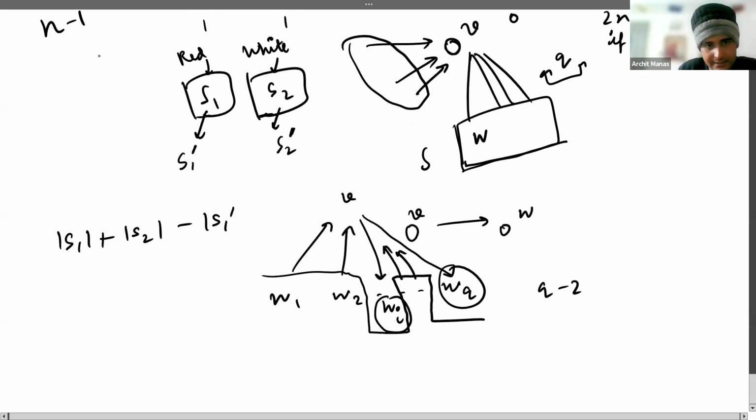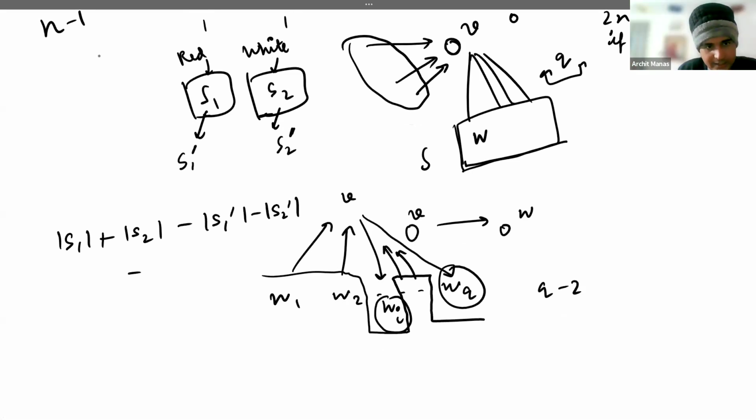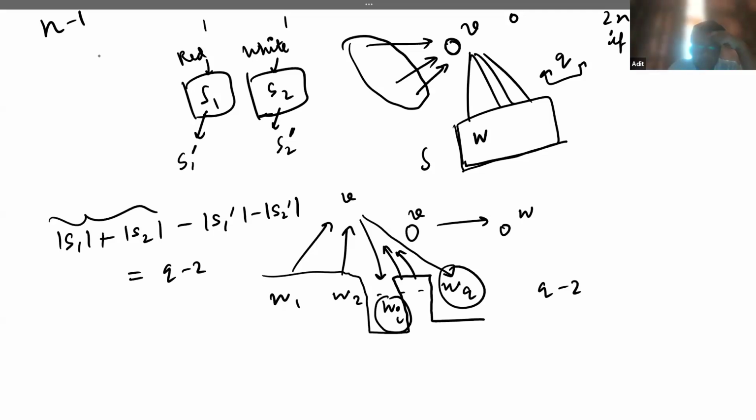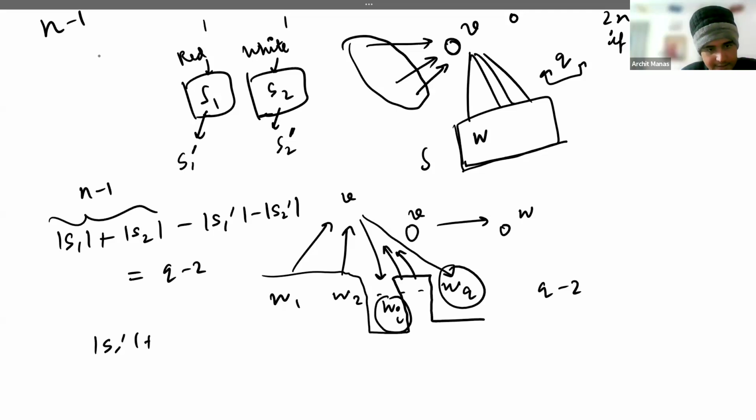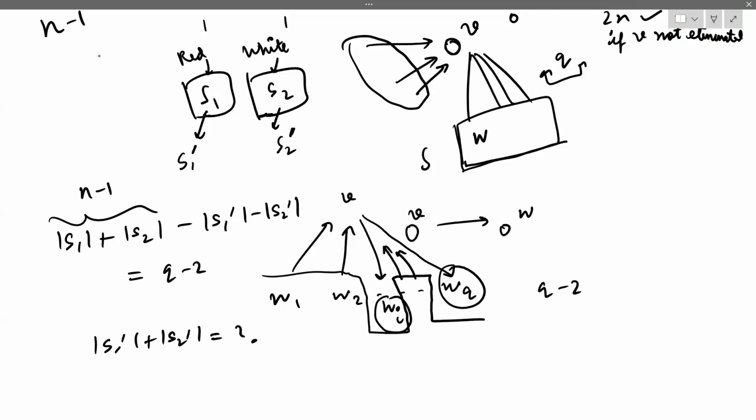What can you tell me about this? What's that equal to? Q minus 2. And what's this? Like the original stuff, so n minus 1. And so what's this? N minus Q plus 1.